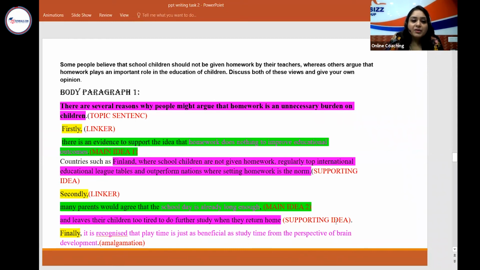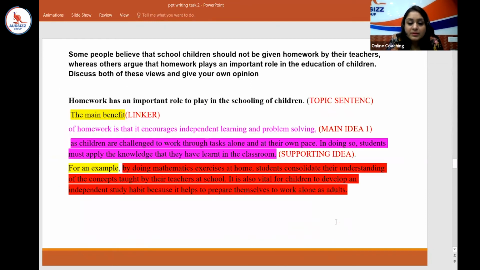See how clearly I have distinguished each and every part of my format of body paragraph. This is just an example I have quoted, because here I want to make you understand that this is the topic sentence, this is the linker, this is the main idea, this is the supporting idea. So please do follow this. You'll get good bands systematically.